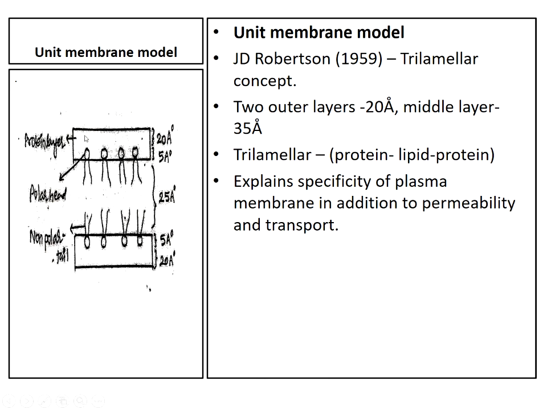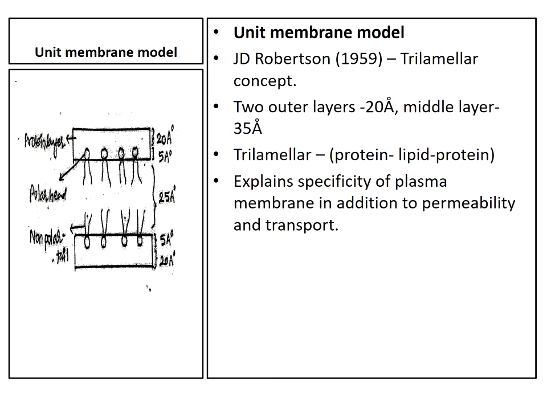You can observe here the two protein layers, each about 20 angstrom in thickness, and also the polar head, which is 5 angstrom. Next, we can observe the non-polar tail, which is about 25 angstrom in thickness. All these structures form about 75 angstrom thickness.